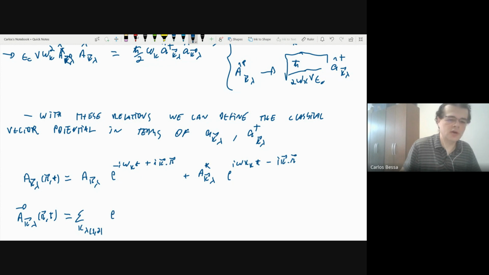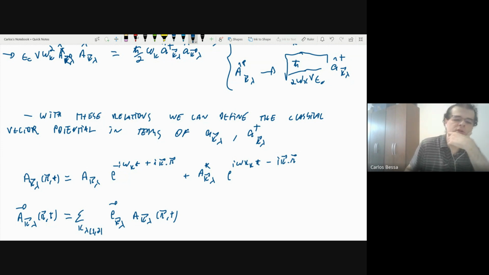In terms of the unitary vector e lambda, A lambda, the amplitude of the wave. So in the Maxwell equations, you make the substitutions, solve the Maxwell equations, and we'll find this solution. So this is classical.